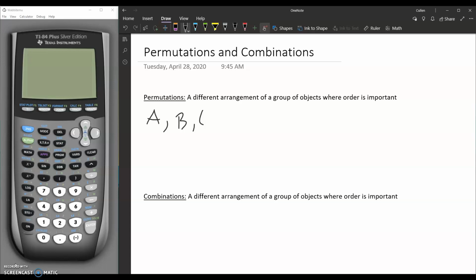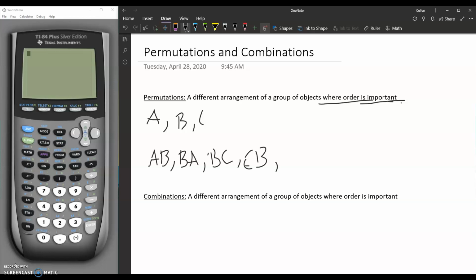And this is where order is important, where the different order would be a different permutation. So the first one you could do is A and B. And since order is important, B and A would be a different arrangement. The next one you could do is B and C, and again, since order is important, C and B would be a different arrangement.